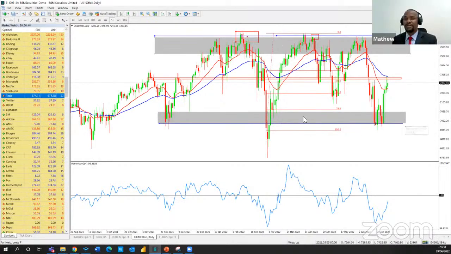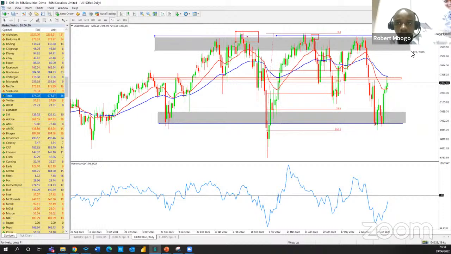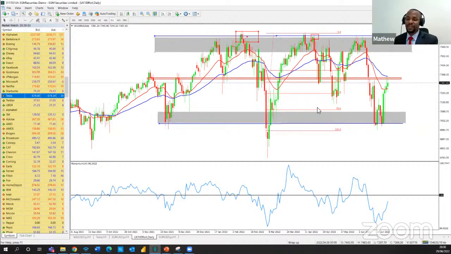If you got your entries around the support area, you're looking forward to have your profits just near the resistance levels. But if it's a very wide range and you have a midpoint, you can also be very careful. You can close partially or protect whatever you have. True, right?